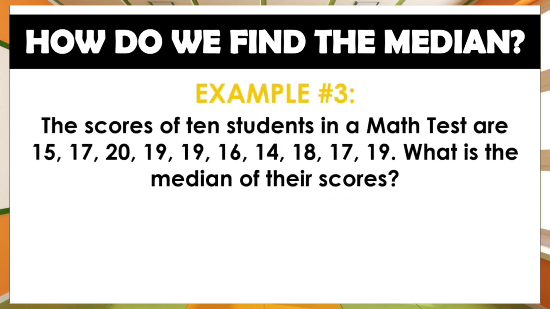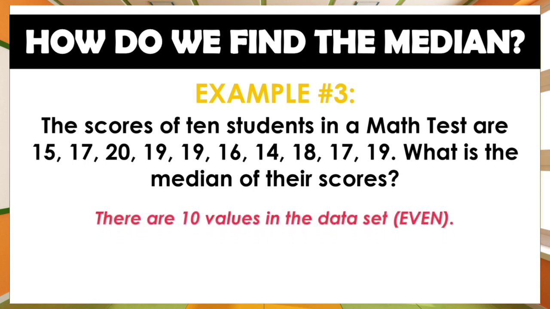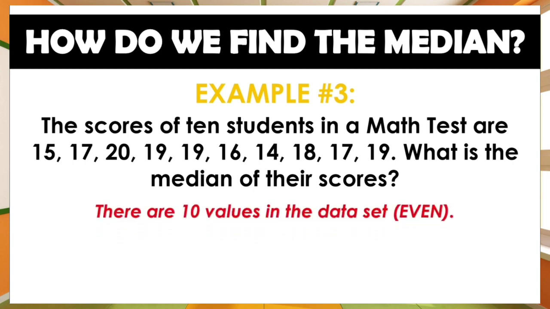The scores of 10 students in a math test are 15, 17, 20, 19, 19, 16, 14, 18, 17, and 19. What is the median of their scores? In this example, there are 10 values in the dataset which is even, meaning we have another 2 middle values once we are done with the arrangement.